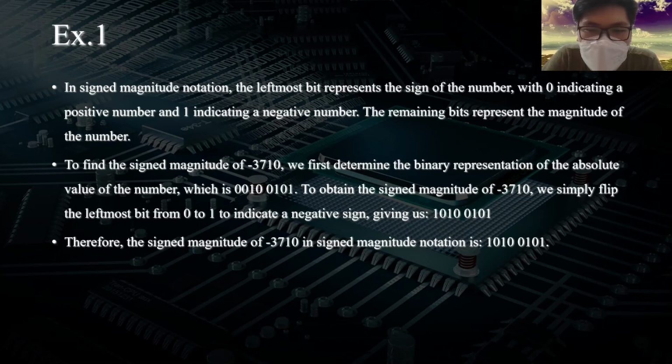To find the sign magnitude of minus 37 (base 10), we first determine the binary representation of the absolute value of the number, which is 00100101. To obtain the sign magnitude of minus 37, we simply flip the leftmost bit from 0 to 1 to indicate the negative sign, giving us 10100101.